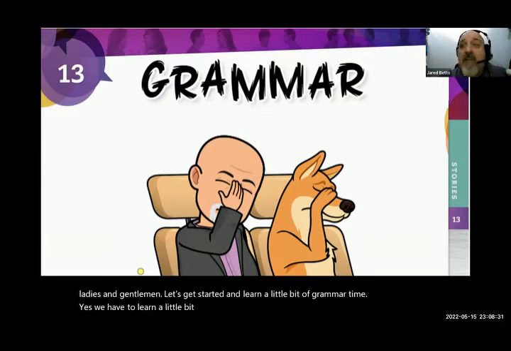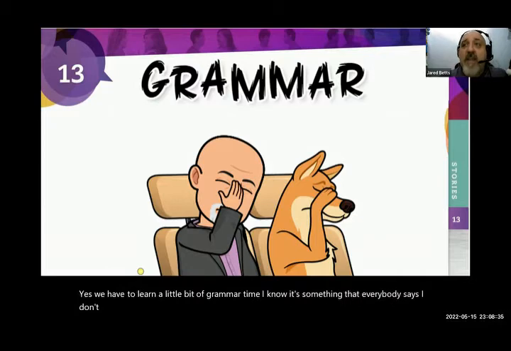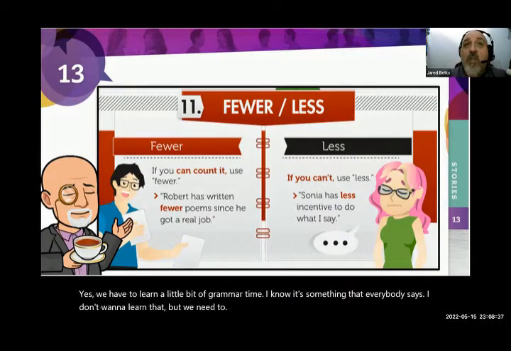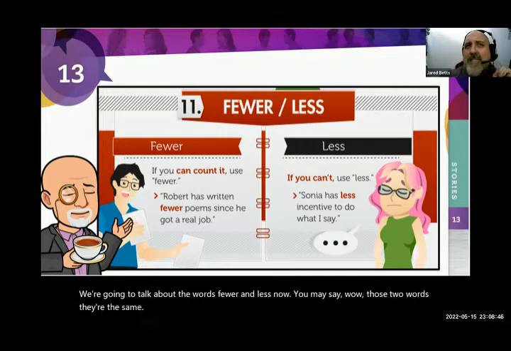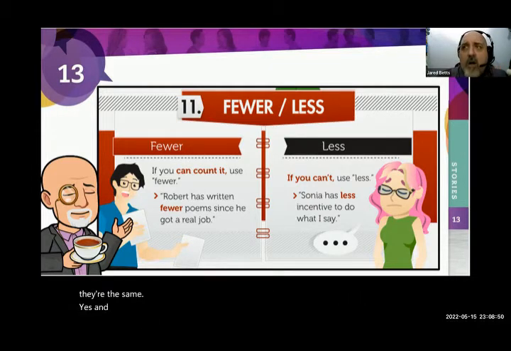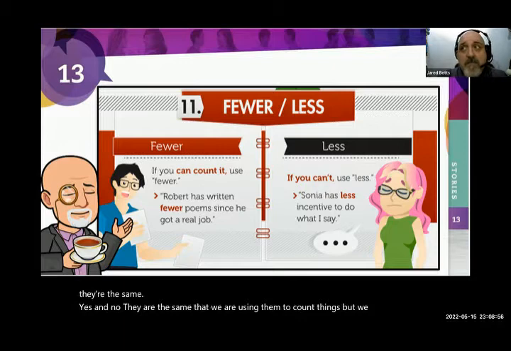I know it's something that everybody says, oh, I don't want to learn that, but we need to. Now, we're going to talk about the words fewer and less. Now, you may say, wow, those two words, they're the same. Well, yes and no. They are the same in that we're using them to count things, but we use them very different.